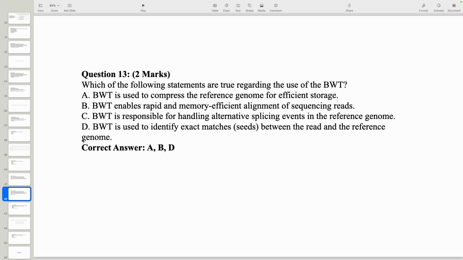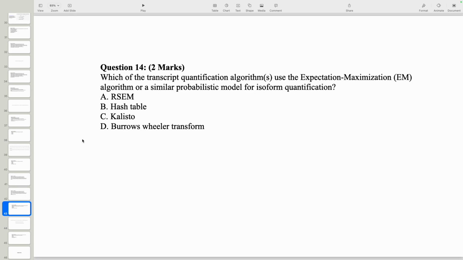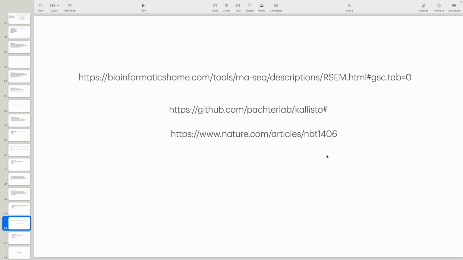So let's go to our next question. Which of the transcript quantification algorithms use the expectation maximization algorithm or a simple probabilistic model for isoform quantification? Please go to this question. I'll share a few links with you.